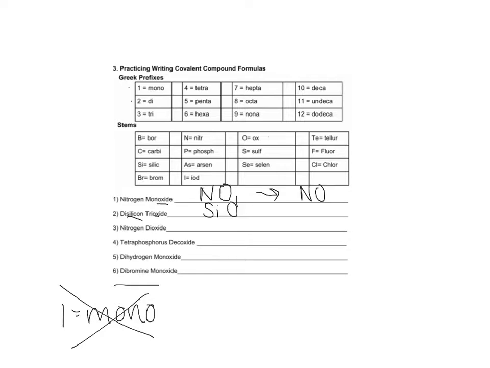We locate that, and that must mean that there are 2 silicons. So we write 2 as a subscript. For oxygen, we see that there is tri as our prefix. Locate tri, and we know that there are 3 oxygen atoms, so 3 becomes our subscript. We cannot simplify, and we just leave it as is.